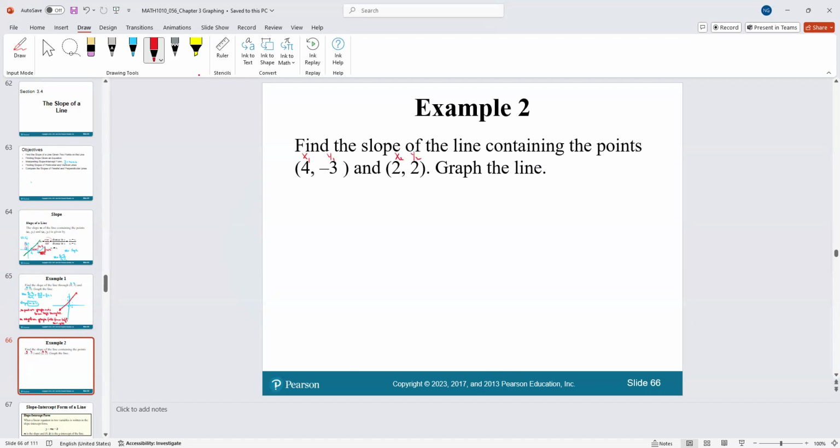You cannot consider the first coordinate as y, especially when you have parentheses. Parentheses means the coordinates inside of the parentheses are for x and y. Now, because I identified my 2 points, I know the slope m would be y2 minus y1 over x2 minus x1. You see, I do both.